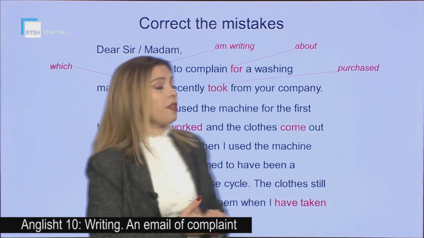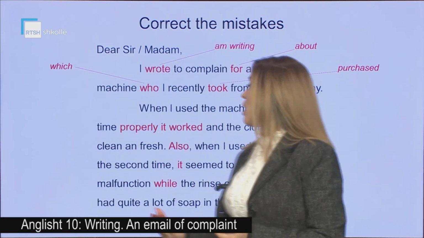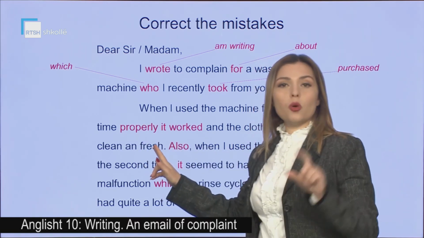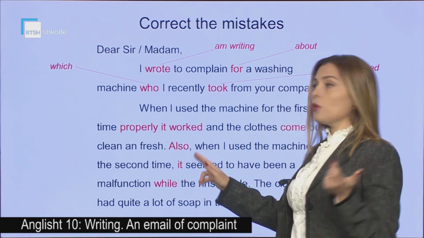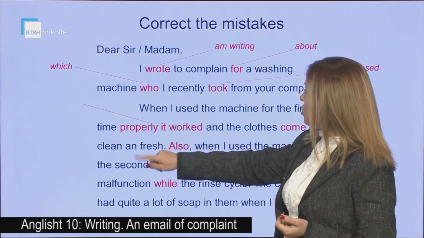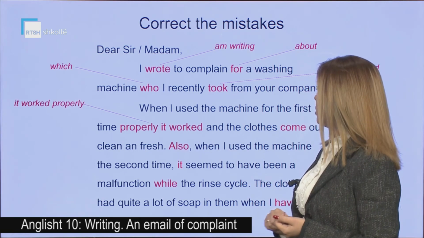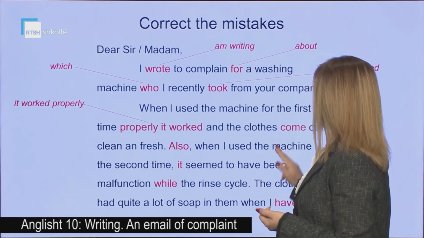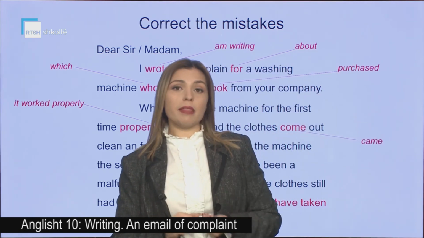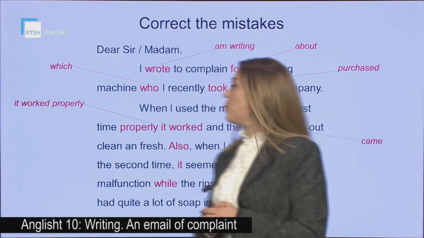When I used the machine for the first time, can we say properly it worked? We have here a mistake in the order. So it worked properly. And the clothes came out, not in the present simple but in the past simple, came out properly.